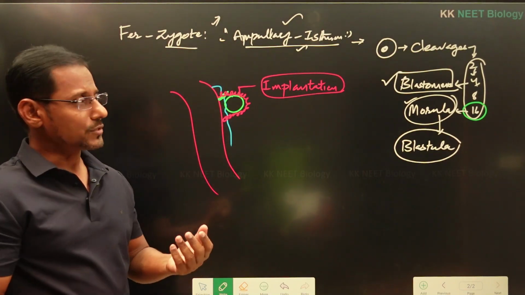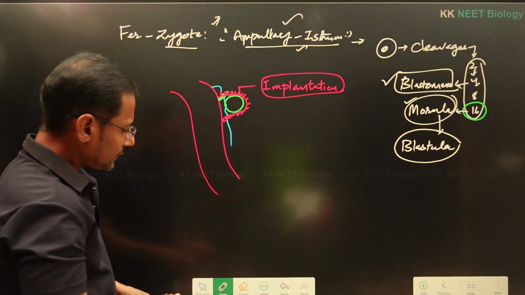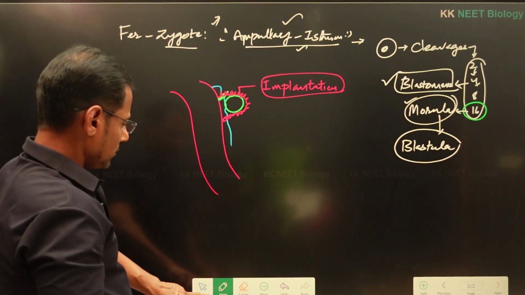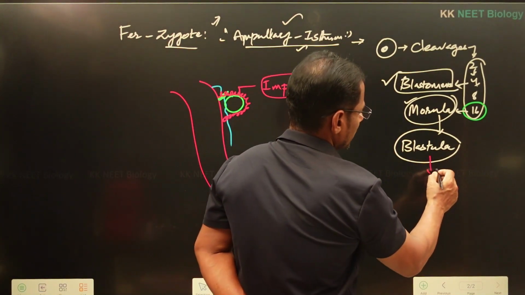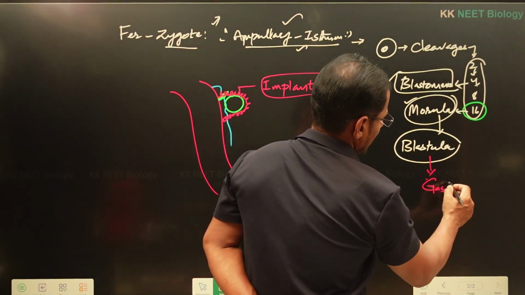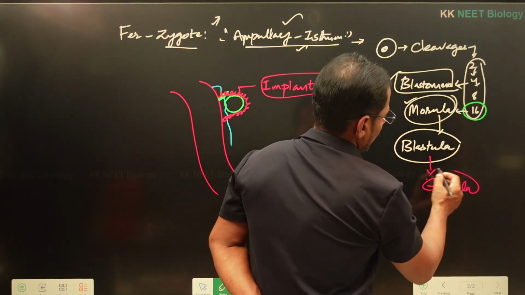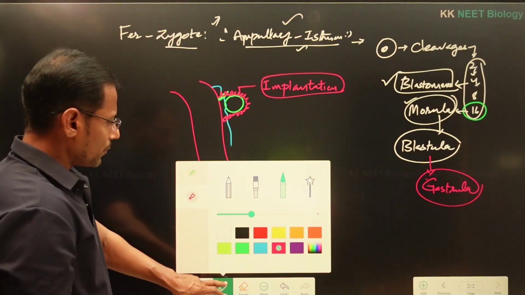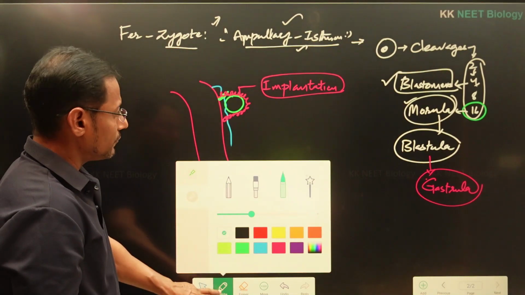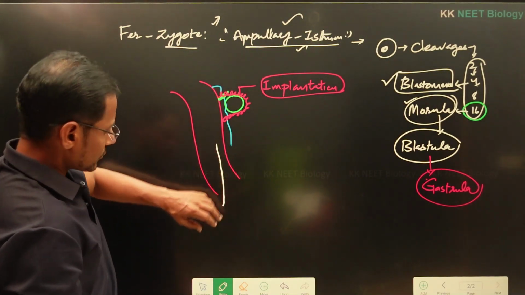And what happens after this? See, I am drawing here the blastula, and the blastula finally is going to be converted into gastrula. What does gastrula mean? If you observe the blastula, there are two particular layers we can find.